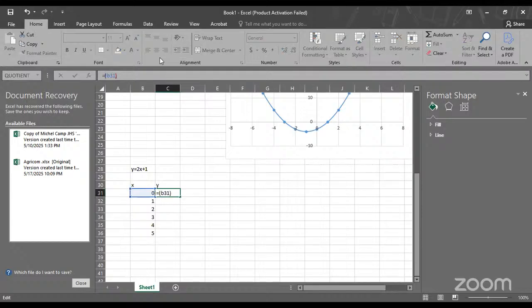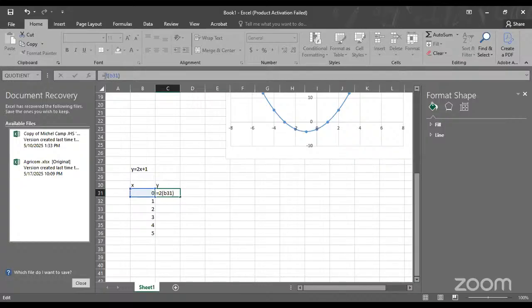Come on, I just want to show you that it's going to be a linear graph once you plot the graph. 2, 1, 1. Okay.